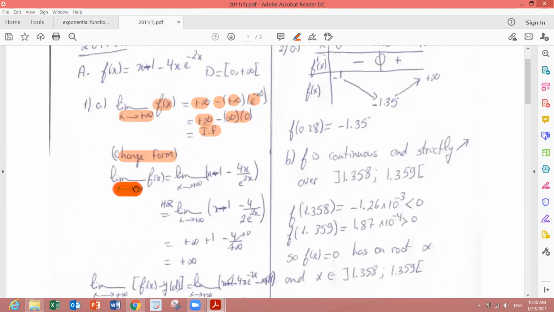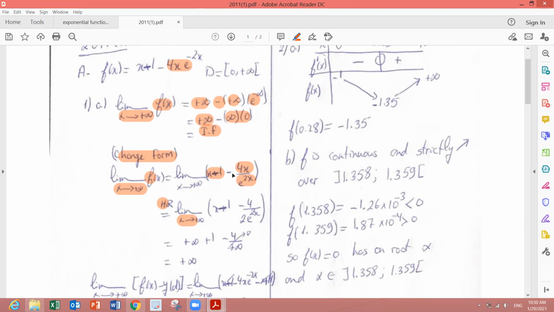Limit as x tends to plus infinity of f(x). Changing the form بننزل ال e لتحت بيصير x plus 1. بس بننزله لهيدا البارت البرودكت، مش بننزله لكل الفانكشن. بس وين في برودكت بيصير تحت 4x over e power 2x. Now we apply Hopital's rule. Pay attention.